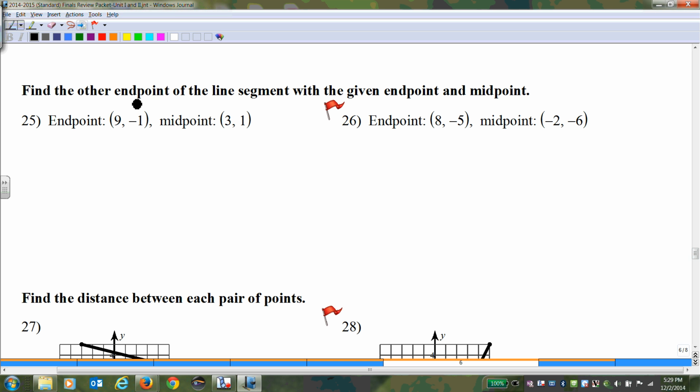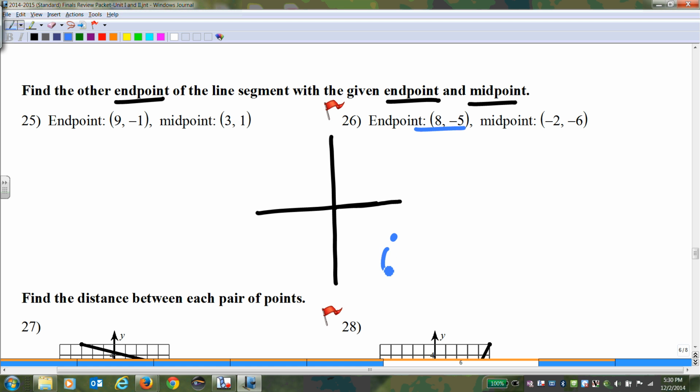This is find the other endpoint given an endpoint and a midpoint. A good way to do these is do a quick sketch. Our one endpoint is (8, -5). So positive 8, go towards the end, think of this as 10. Positive 8 and -5 is about right there.